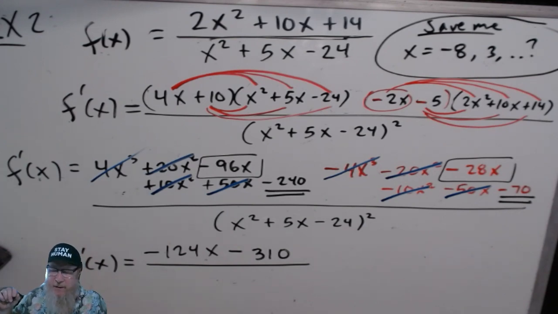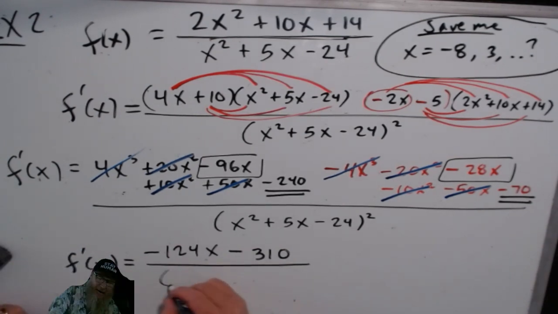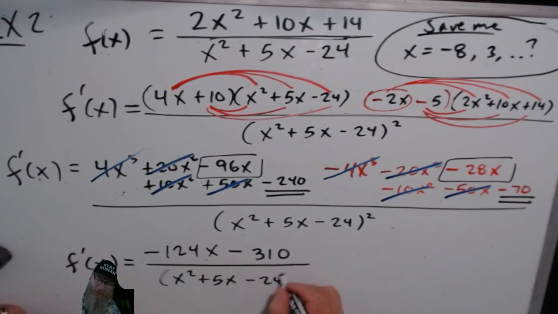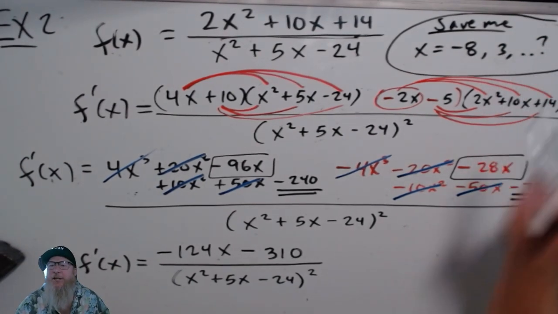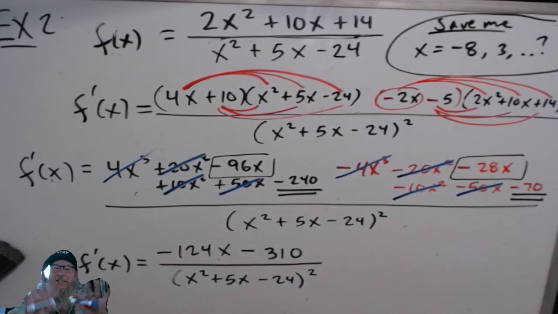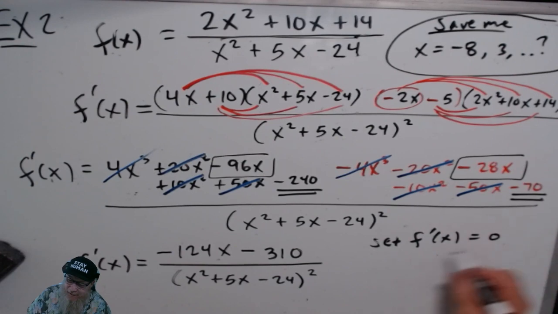Everything looked good. All right, that looks good. And then the bottom is x squared plus 5x minus 24, squared. So remember, we're still looking for partition numbers. This is just to lay the partition down. So we're going to set f prime of x equal to 0.